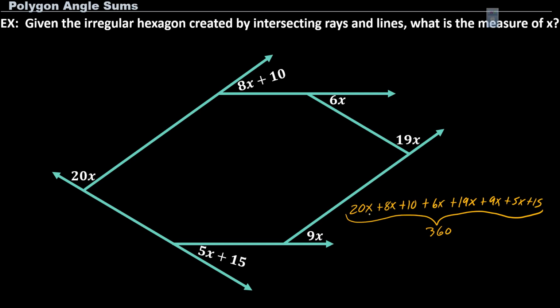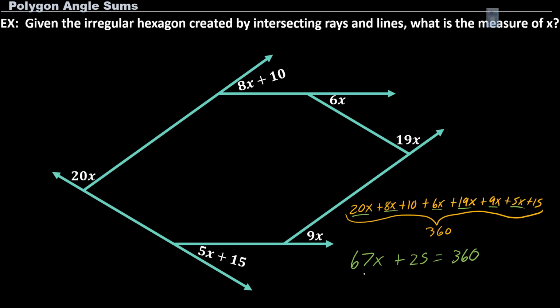So if we combine our like terms, 20, 8, 6, 19, 9, and 5 gives us 67x, plus 10 and 15 would be 25. All of that equals 360.